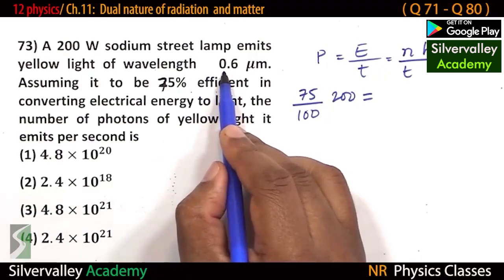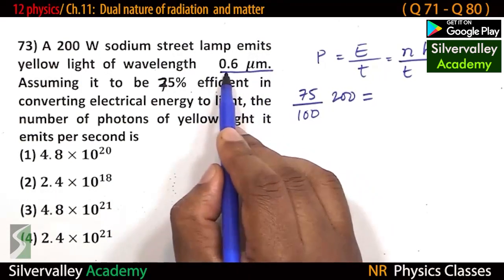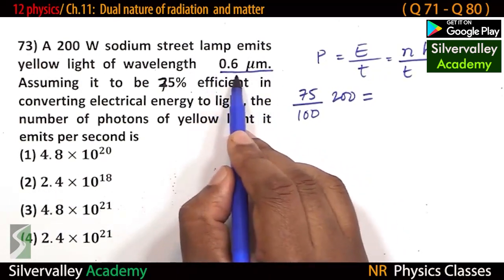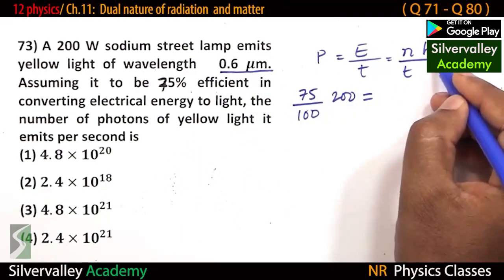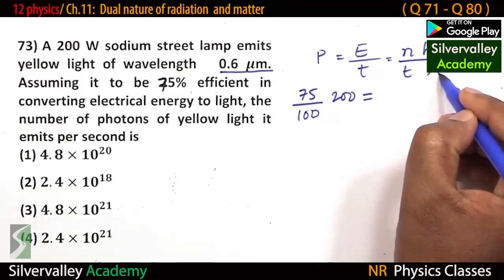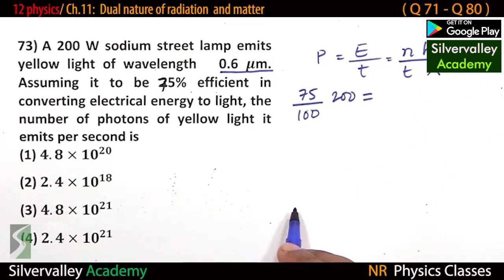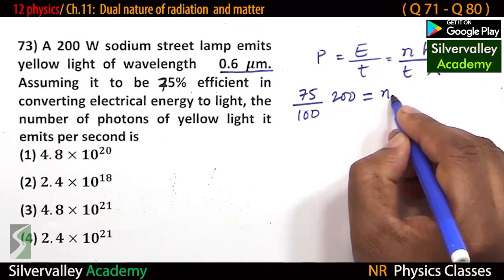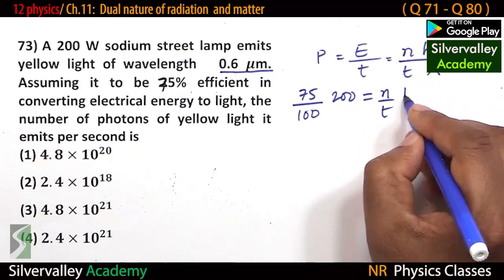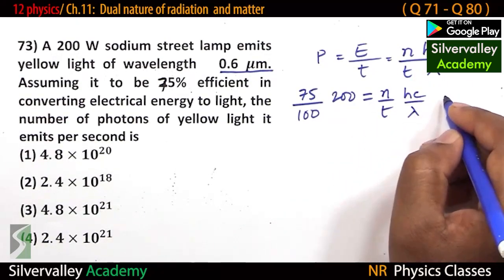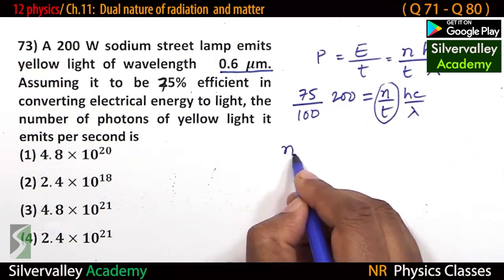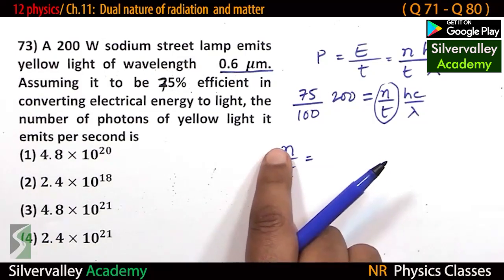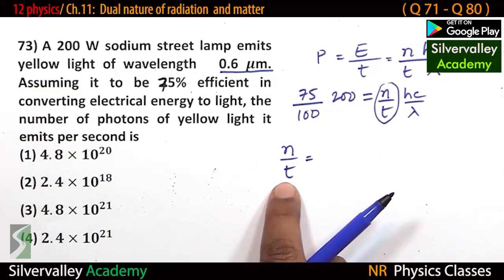But the wavelength of light is mentioned, so energy is given in terms of wavelength. Therefore, this is hc by lambda. Therefore, N by t equals hc by lambda. We have to find N by t, the number of photons emitted per second.